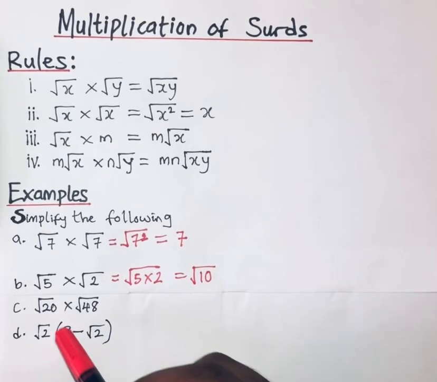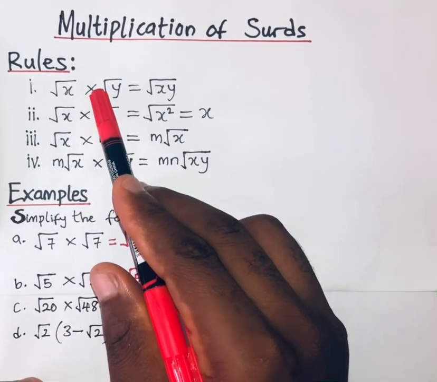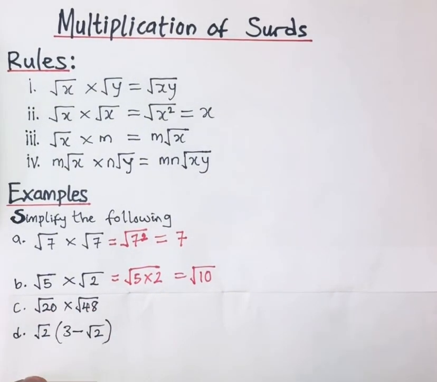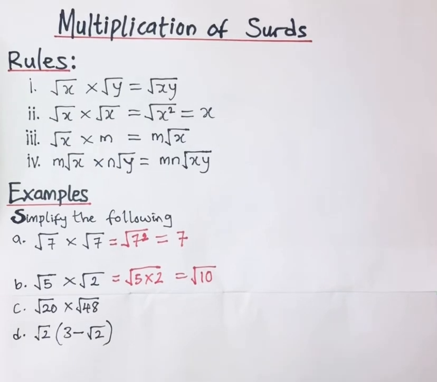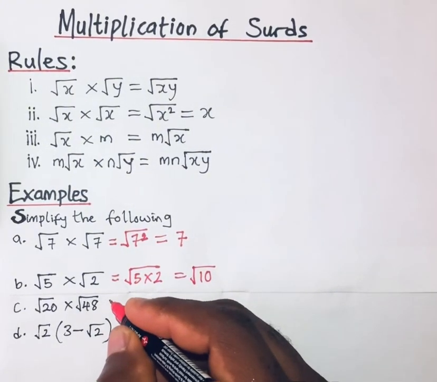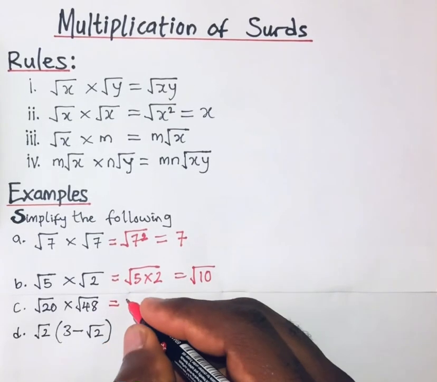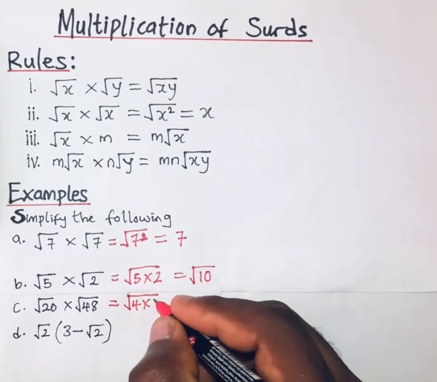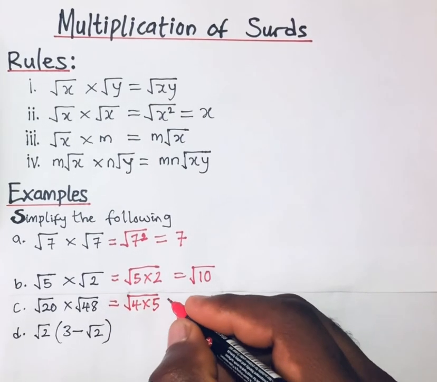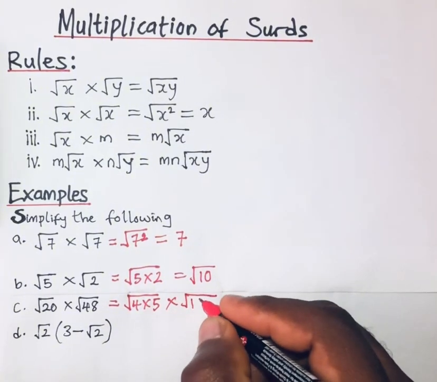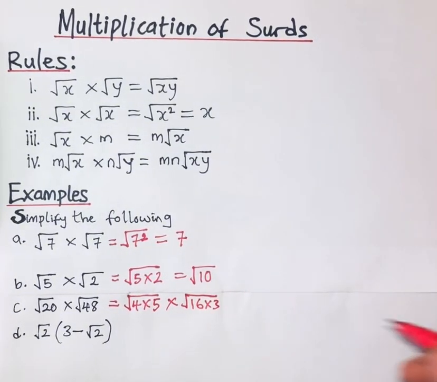When you look at example 3, it seems as if you are applying the first rule also, since the radicands are also different. But if you look more closely, you'll see that we can actually simplify the surds. So we can say that root 20 is the same thing as root 4 times 5. And also root 48 is the same thing as root 16 times 3.